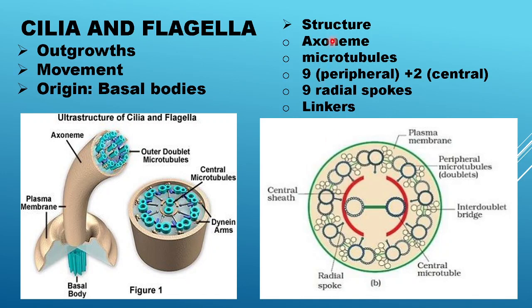So you have here the outer covering axoneme, made up of microtubules, 9 pairs on the periphery plus 2 centrally, with 9 radial spokes. These are the spokes. Here you can also see they are interconnected, and also linkers. Linkers means interconnections between each pair of the 9 peripheral tubules.